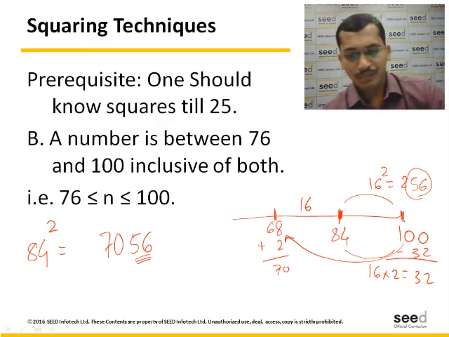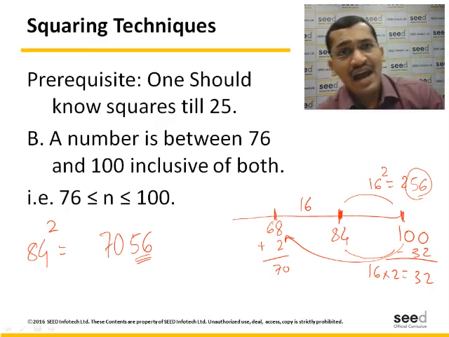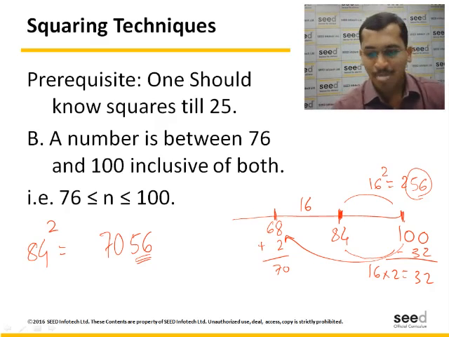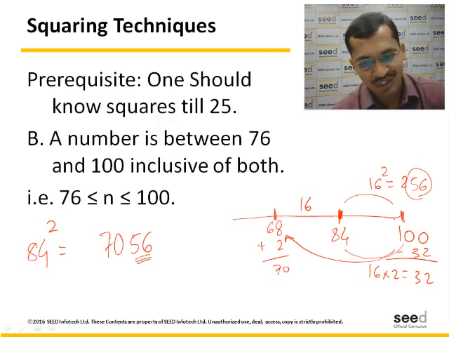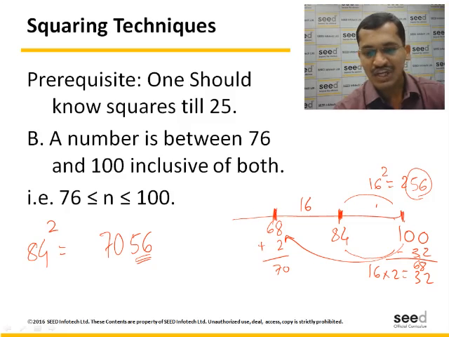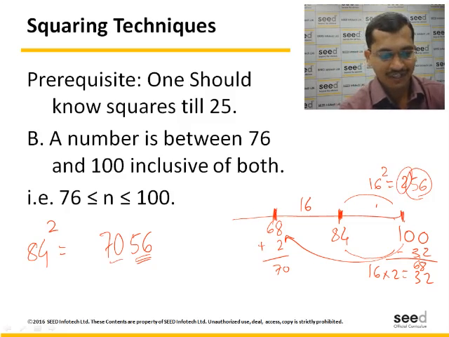Now travel as much as we already had from 100 backwards, that is, the difference between 100 and 84, which is 16. Double it and subtract it from 100. So 100 minus twice of 16, that is 32, becomes 68. 68 plus carry is 70. That's all.